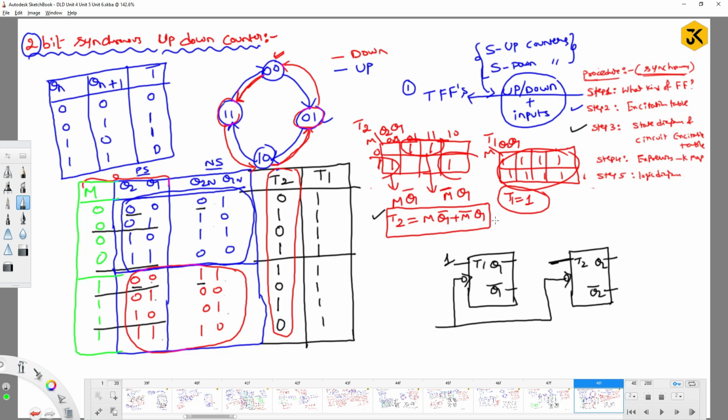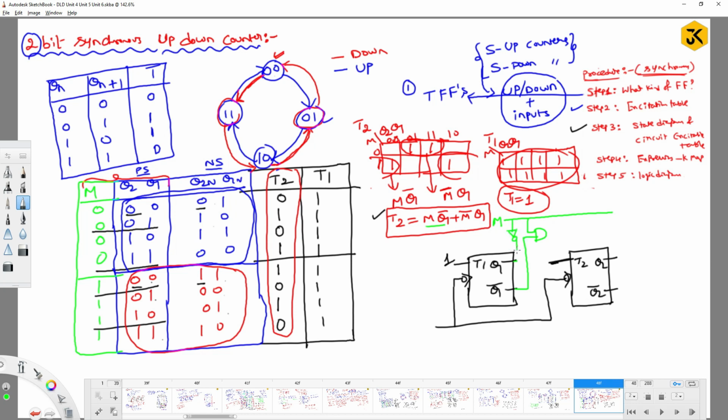If I say that M, I have taken, this is a line which will produce the value of M. You have to take M and Q1 bar, right? So this will be M Q1 bar, and the next expression is M bar Q1, right? So what you can do, this can be a NOT gate.